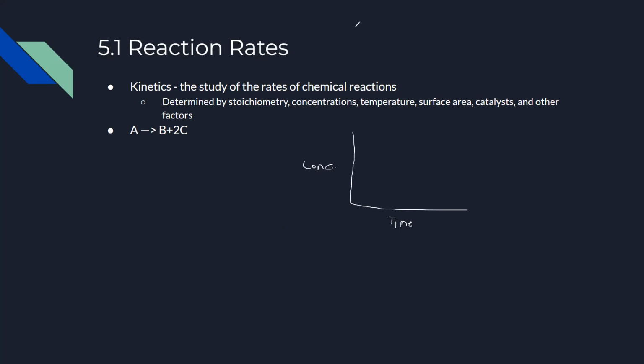Now, A is a reactant and B is a product. So A would basically be at the top, while B and C would be at 0. And A would be lowering, while B and C are increasing.